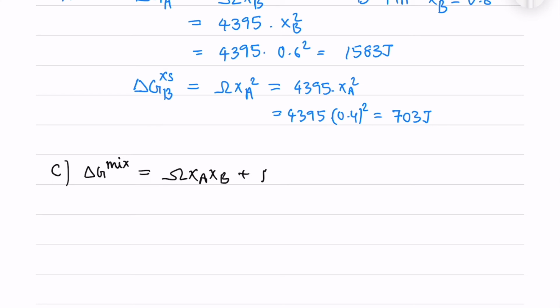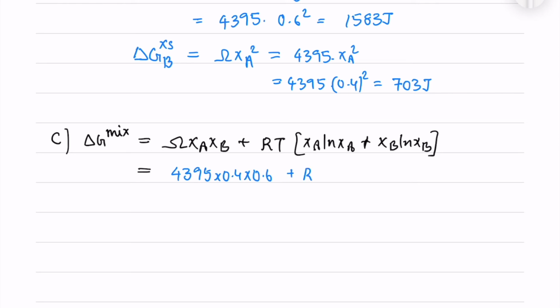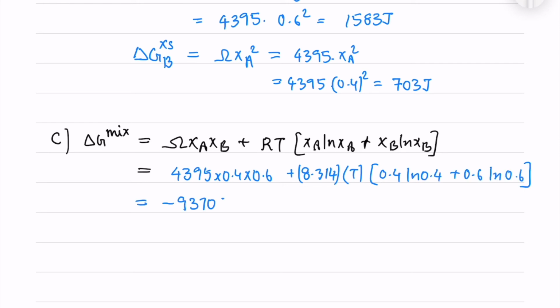So you already know the delta G mix term. It is a very simple substitution of the values into the equation, and finally you get minus 9370 joules.